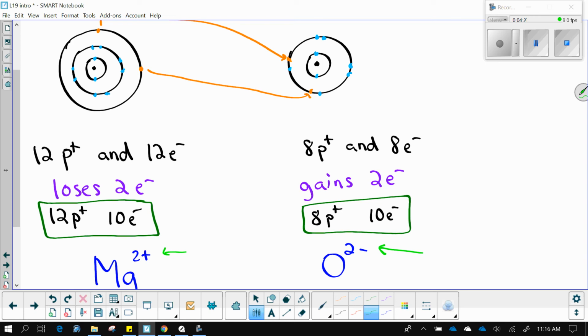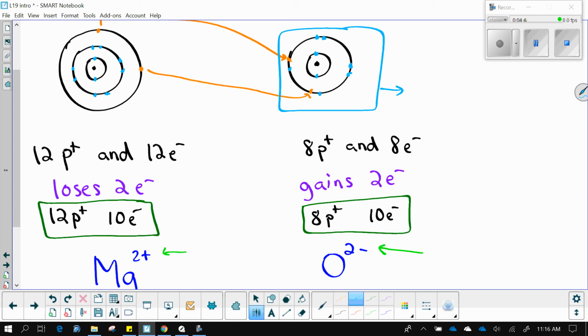Interesting thing to note here is once oxygen does this, it has the same electron arrangement as something with 10 electrons, that would be neon.